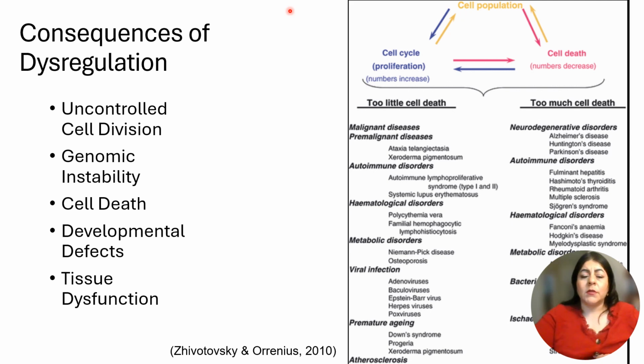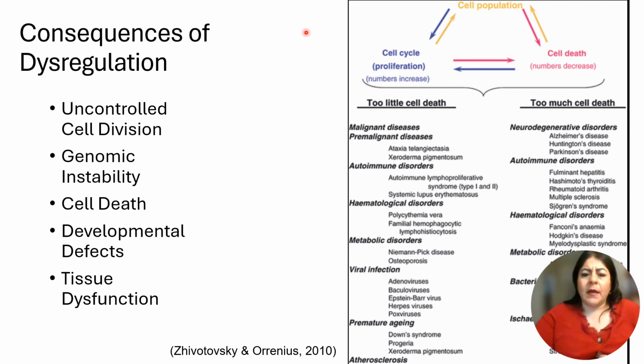All right, so disruptions in the cell cycle can lead to various diseases, including cancer, due to several key factors. Uncontrolled cell division can also occur in tumor formation as cells proliferate without the usual checks and balances.